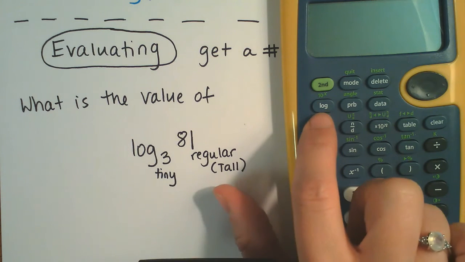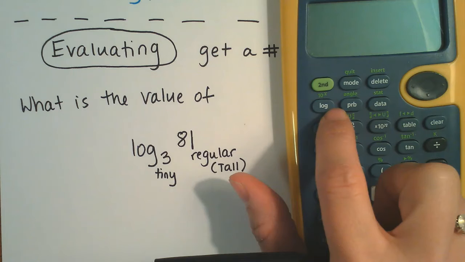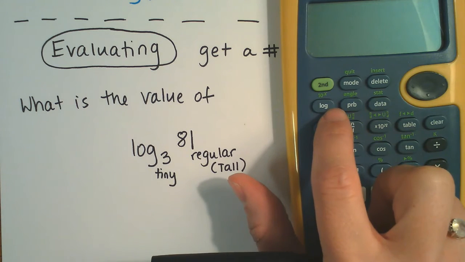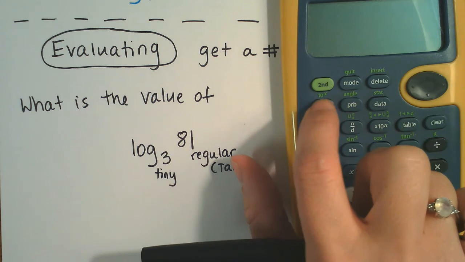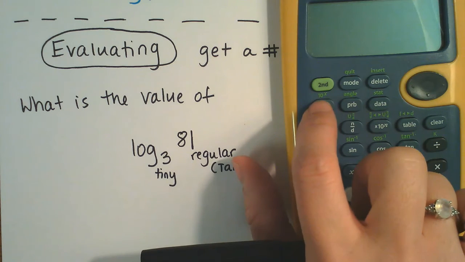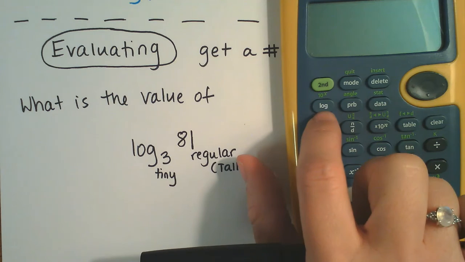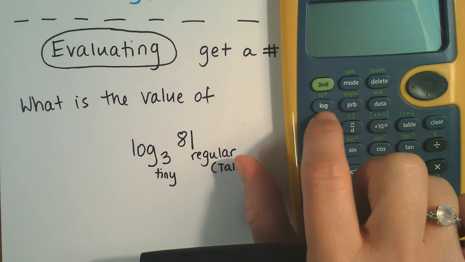So on a calculator, the base is understood to be 10. That makes sense because just above it, you see the exponential 10 to the x.